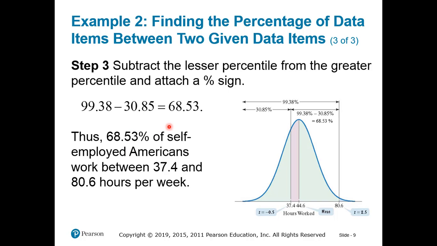If we do that, we get 68.53. That is the percentage of self-employed Americans who work between those two values, 37.4 and 80.6 hours per week.